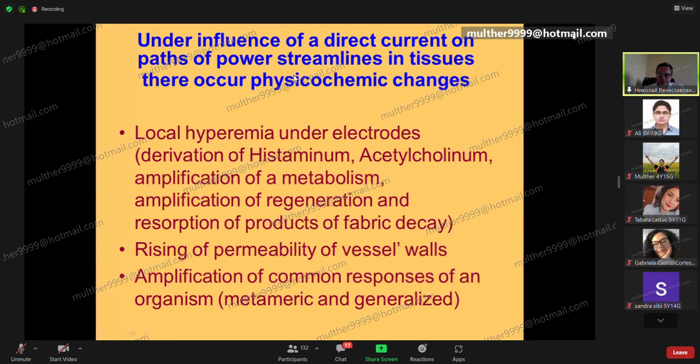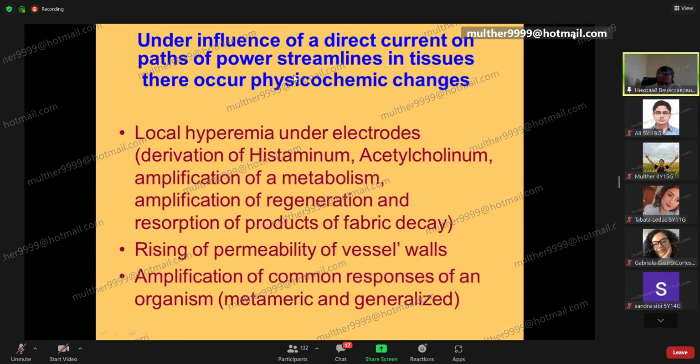As for local physical chemical changes under the influence of direct current, we can detect local hyperemia on the electrodes due to derivation of histamine, acetylcholine.